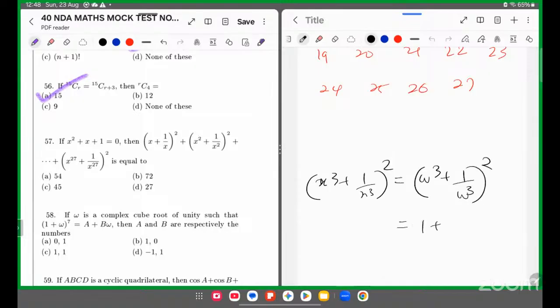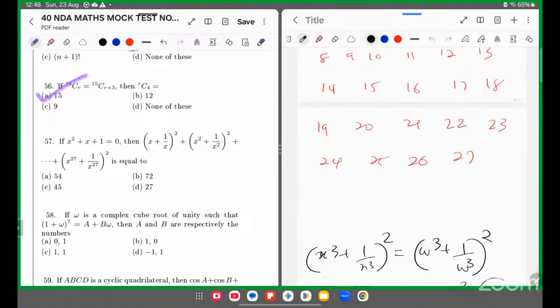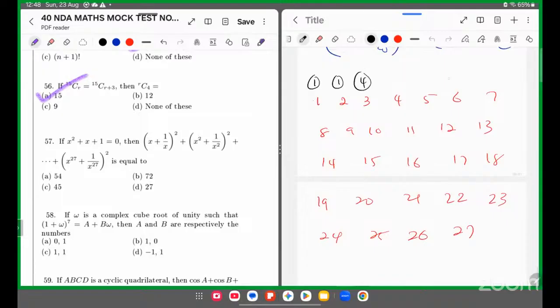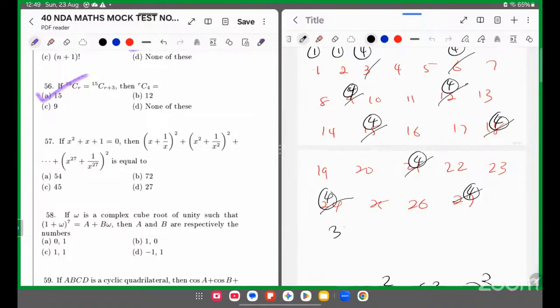So this is actually 1 plus 1, 2 square, which is 4. So here you have to consider 4. Here also 4, here also 4, here also 4. So how many 4s are there? 1, 2, 3, 4, 5, 6, 7, 8, 9. So 36 will be there.